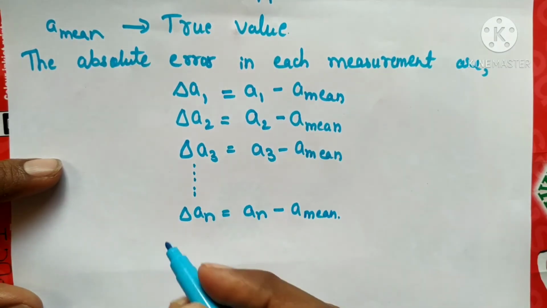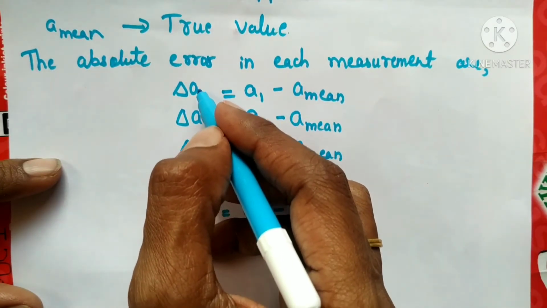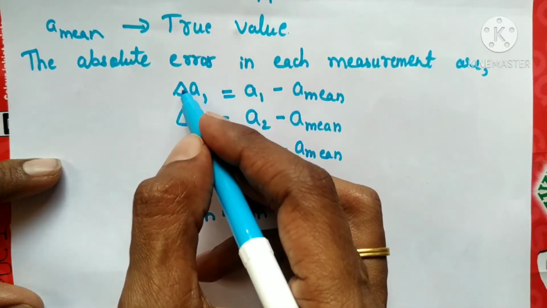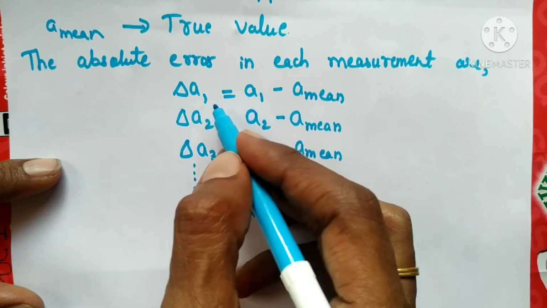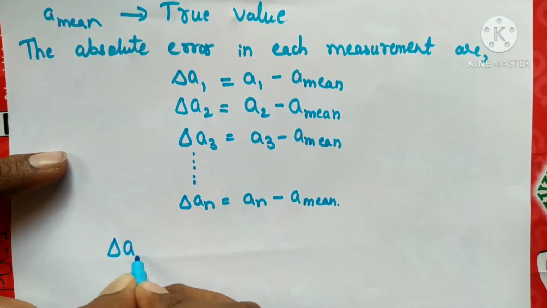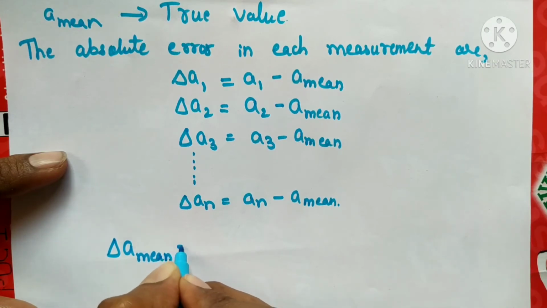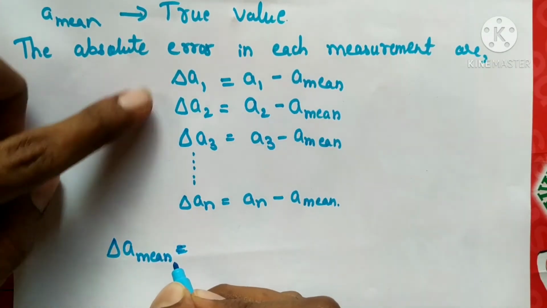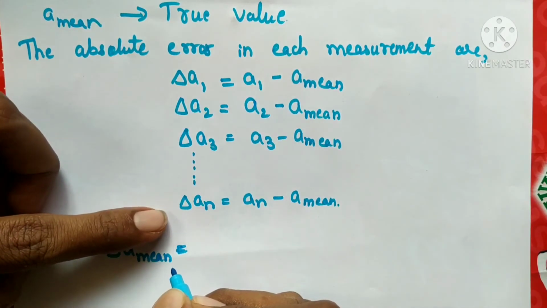Okay. Now, the mean absolute error. These are the absolute errors in each measurement. Now their mean can be written as delta A mean. How do you take the mean? Again, you have to add all these and divide by n.